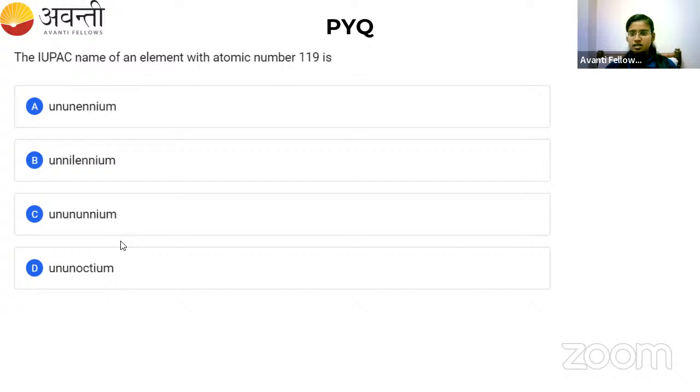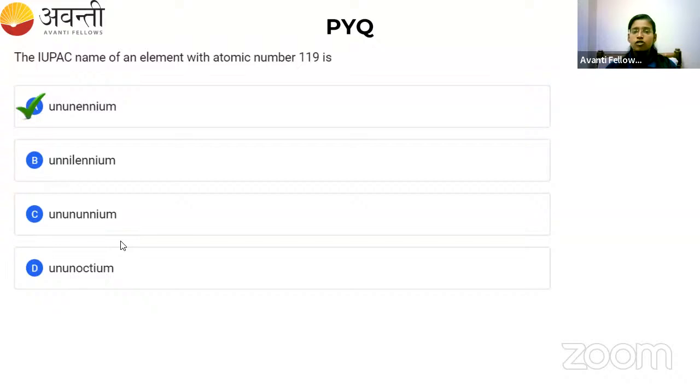Which is the correct answer? Is it option A? Everybody is going for option A. Very good. Option A is the correct answer.